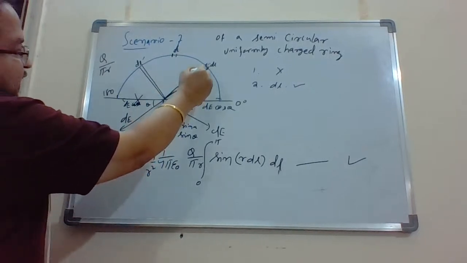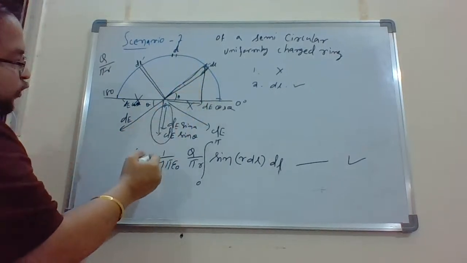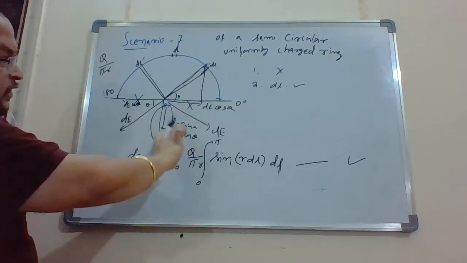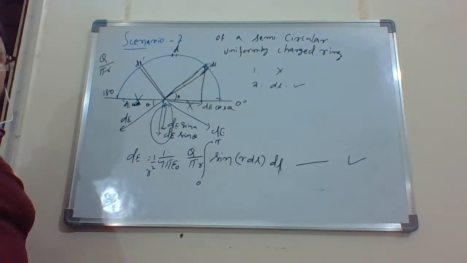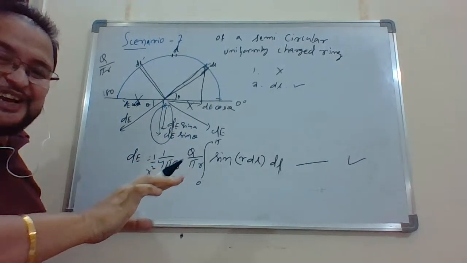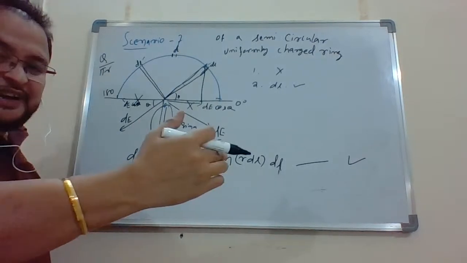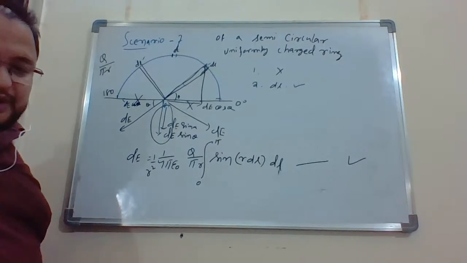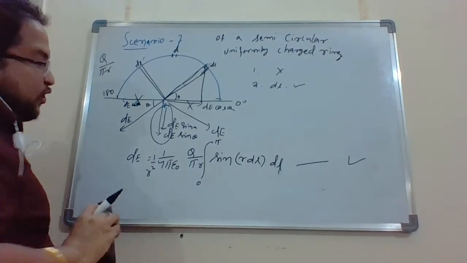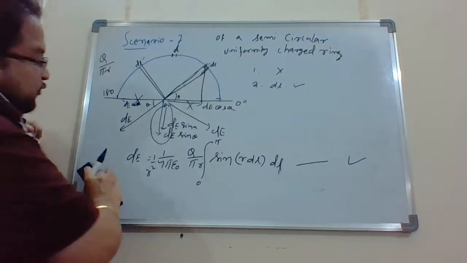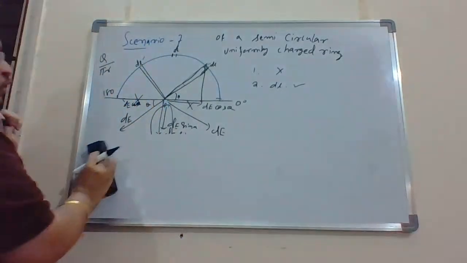If this is theta, then you can draw things like this, and there are different mathematical models that we can use. So I leave you to explore this. If you still didn't find it out, we'll take it up in the next discussion and resolve that. So these are all home tasks for you. Let's move on to the next scenario.